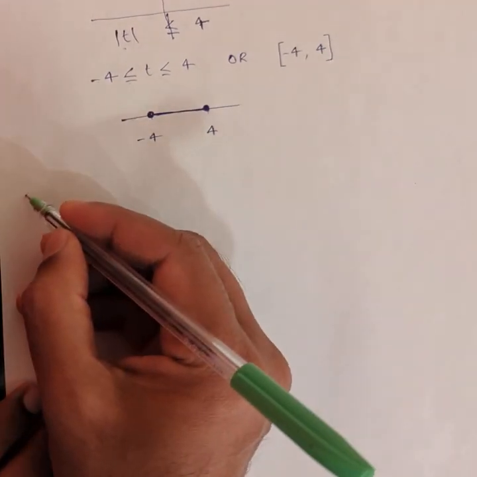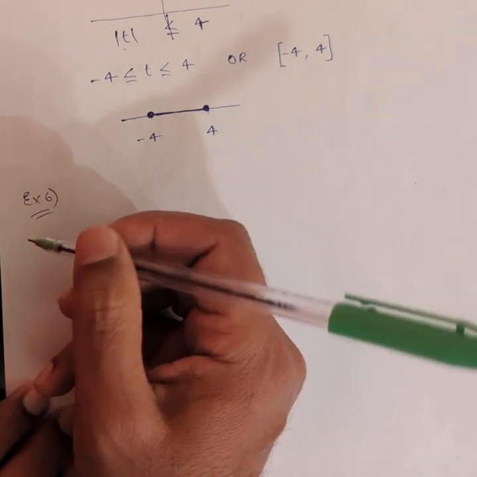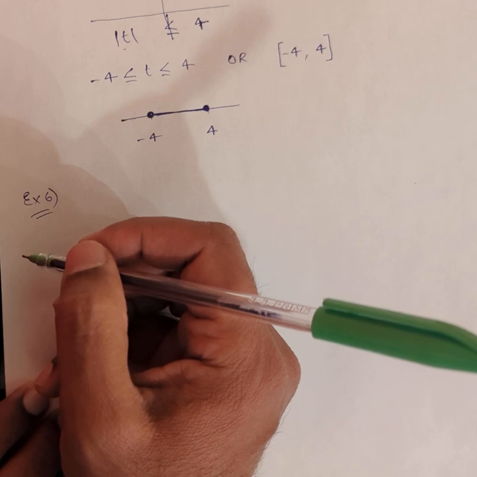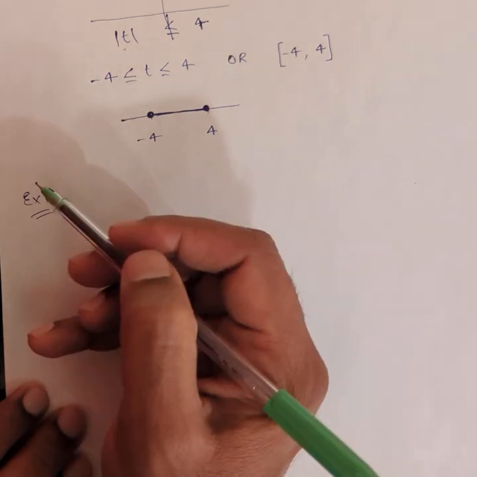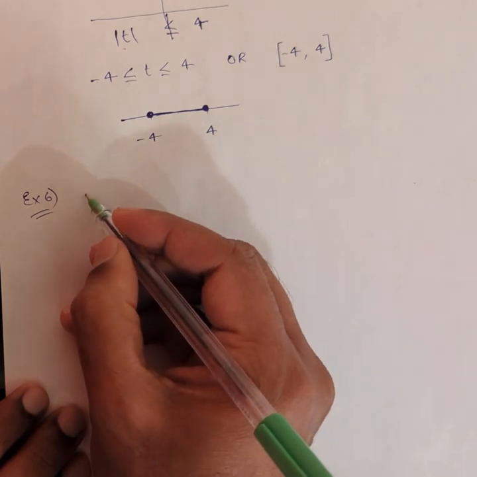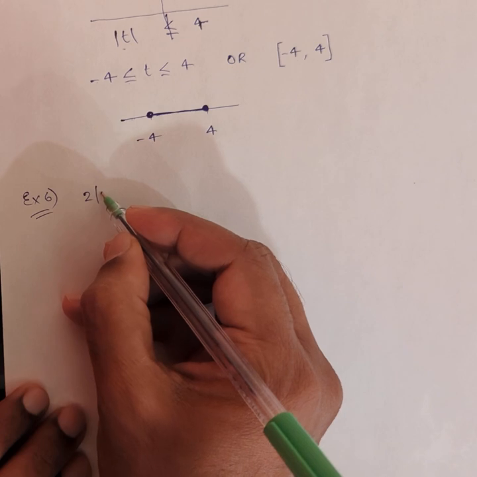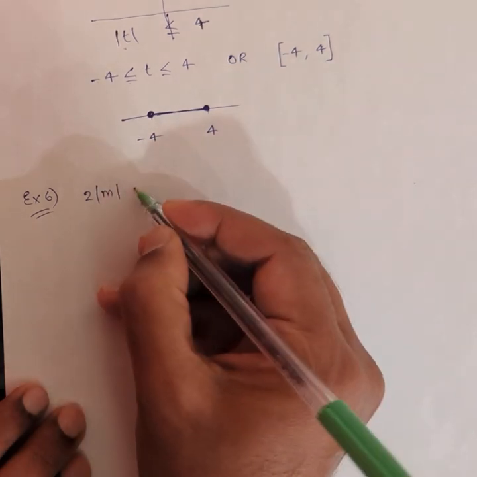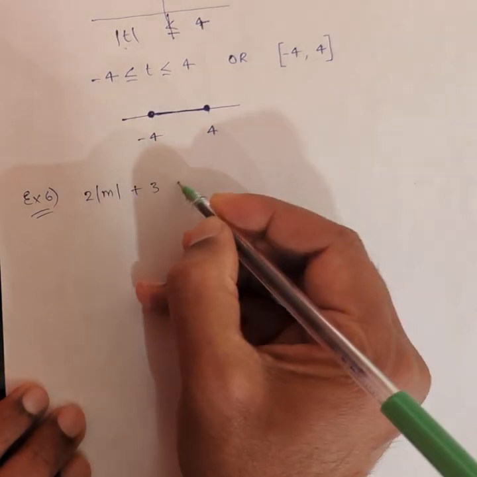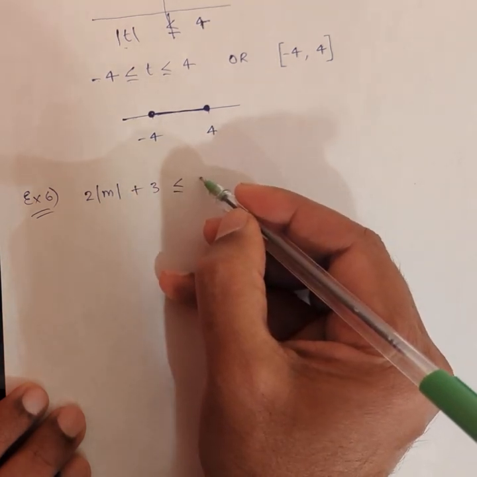Now let's look at example 6, where we may have to do some more work than we did in examples 4 and 5. So say I have 2 times the absolute value of m plus 3 is less than or equal to 7.